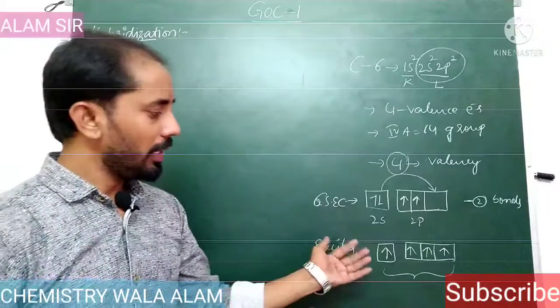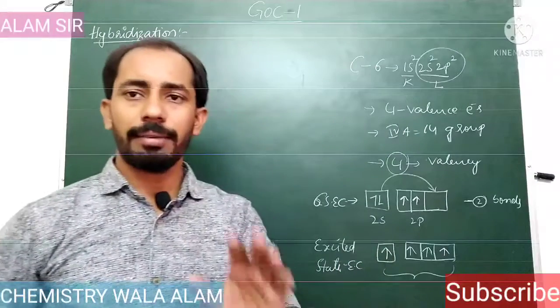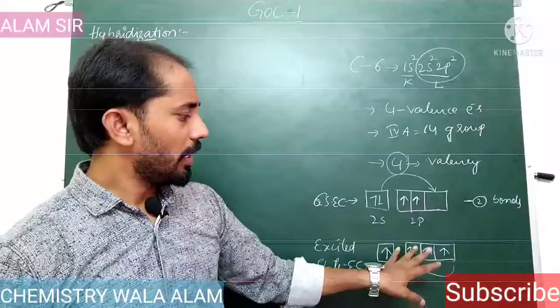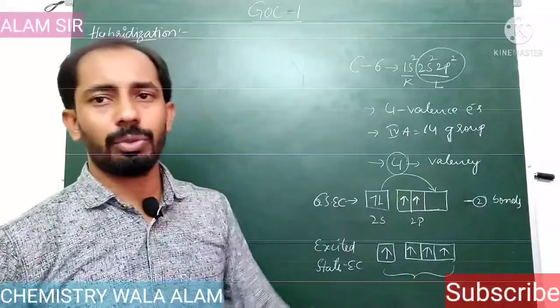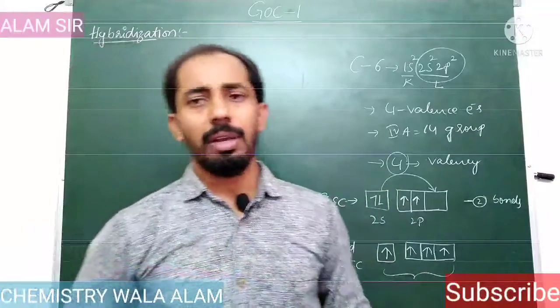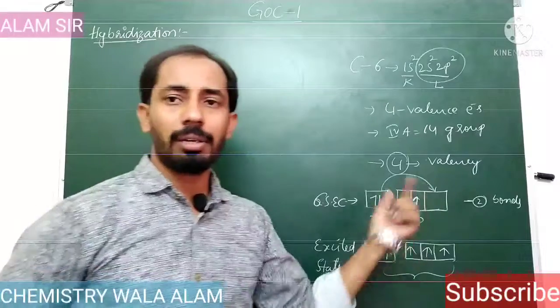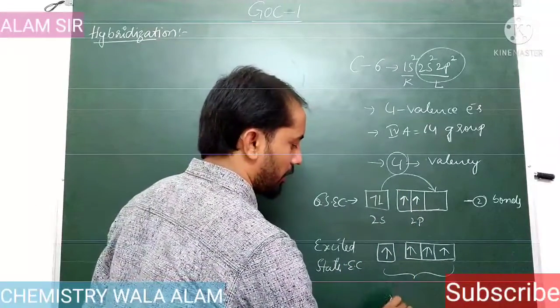According to Lewis, atoms having 8 valence electrons are more stable. So here carbon needs to gain 4 electrons or lose 4 electrons. Gaining 4 electrons is not possible, and losing 4 electrons is also not possible. That's why sharing of electrons happens. Suppose a hydrogen atom is available, containing 1 electron.